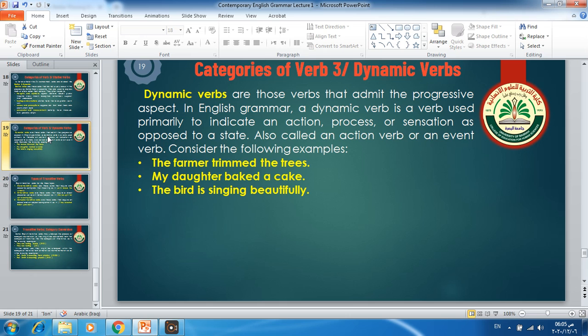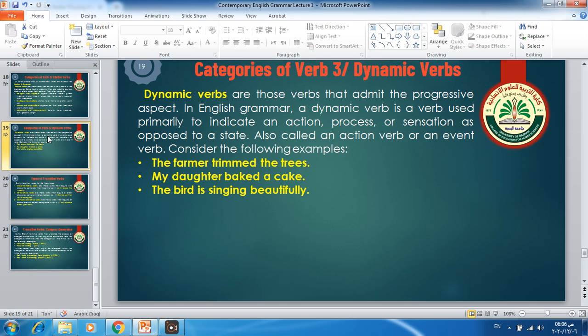So, the dynamic verbs may also be called action verbs or event verbs. Consider the following examples. The farmer trimmed the trees. So, the verb trim has a dynamic sense because it involves a kind of activity, a kind of action. So we can say the farmer was trimming the trees. So the verb here admits the progressive aspect.